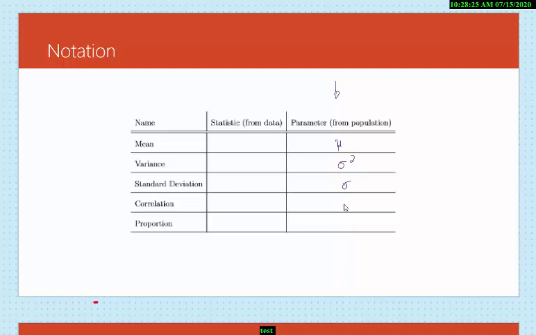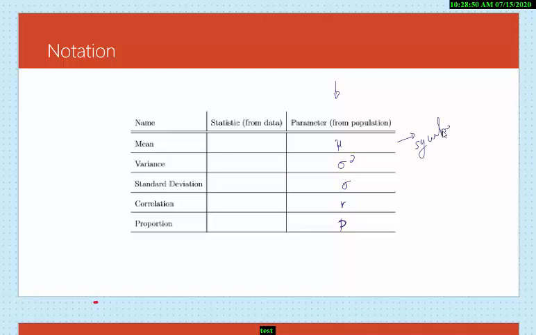The correlation, that is nothing else than rho. And we will also talk a little bit further about correlation later in our class. And the proportion, that is expressed with P. Okay, so these are the symbols that we are using for the parameters.